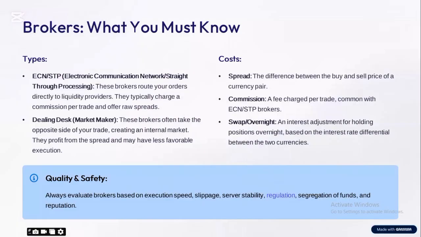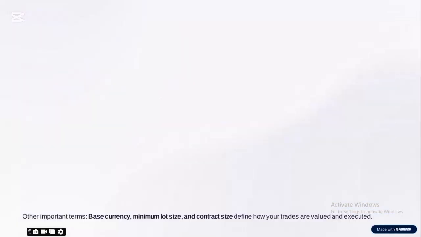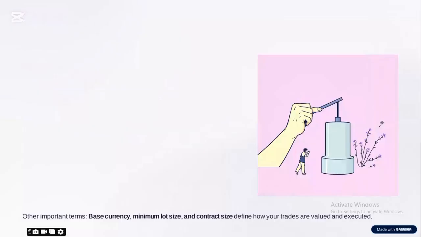Make sure the kind of broker you want to trade with has the interest of their traders at heart. Don't just trade with any broker that will delay execution. Don't just trade with any broker that can pack up anytime. They are not regulated by any financial body whatsoever.